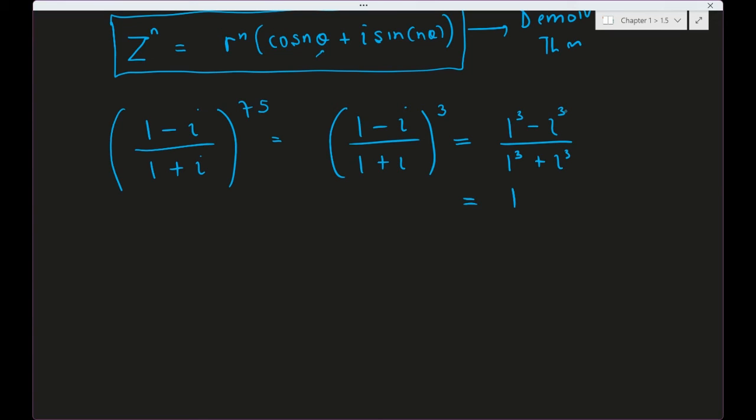Then they applied the rule here, so this is like minus i, and here 1 plus minus i. Now, this is not true. This statement from here to here, we cannot do this.